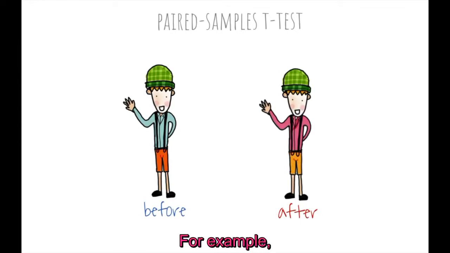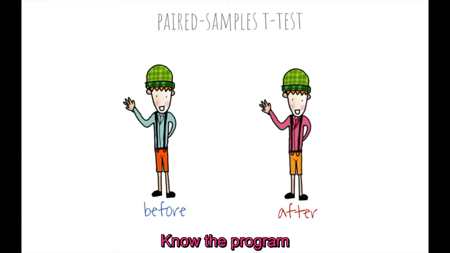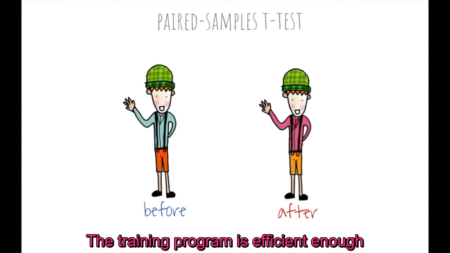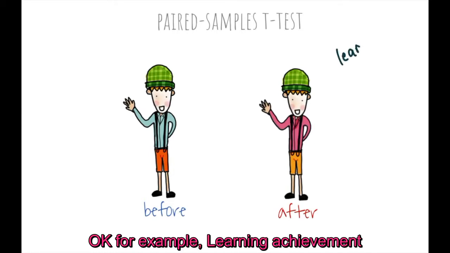For example, if you want to know whether a training program is efficient enough or not, you can compare their ability, for example, their learning achievement.